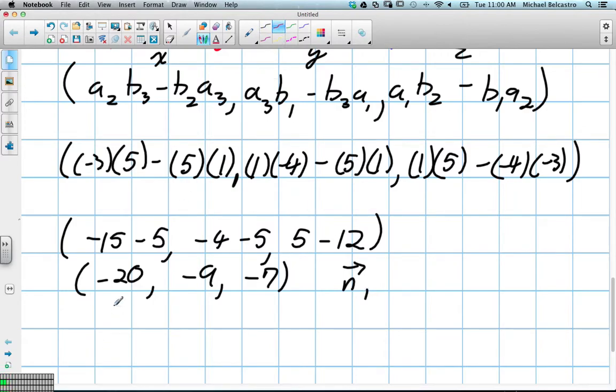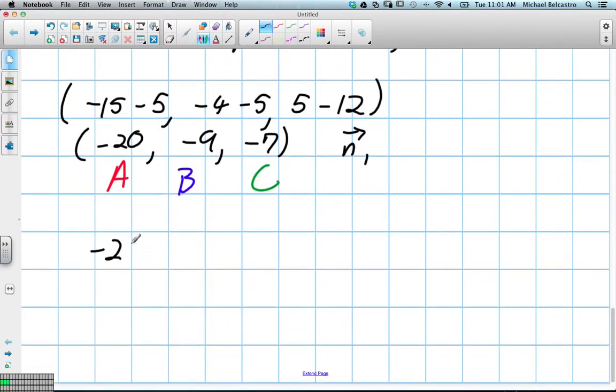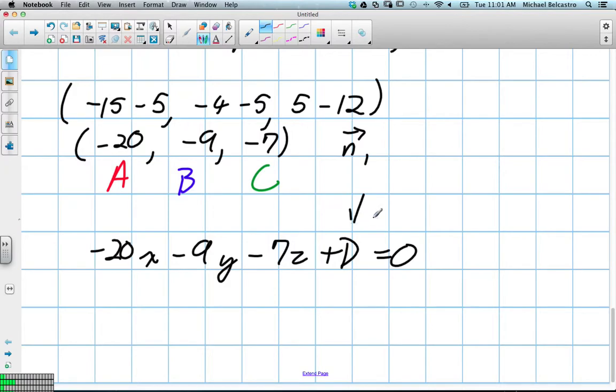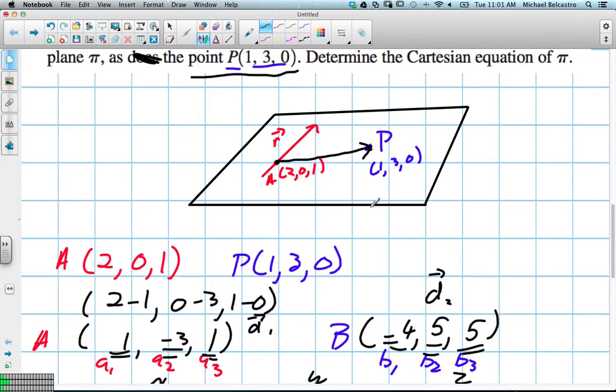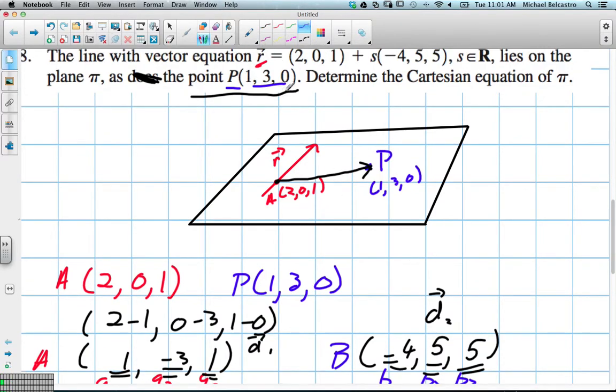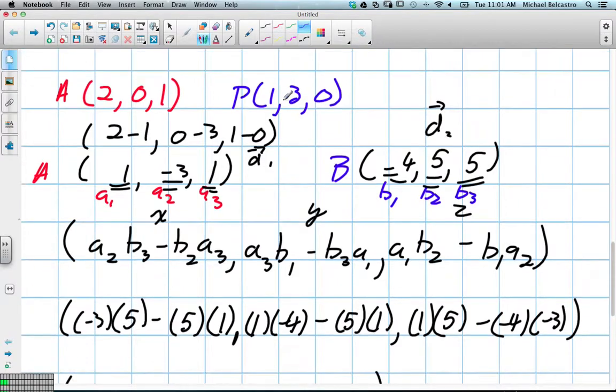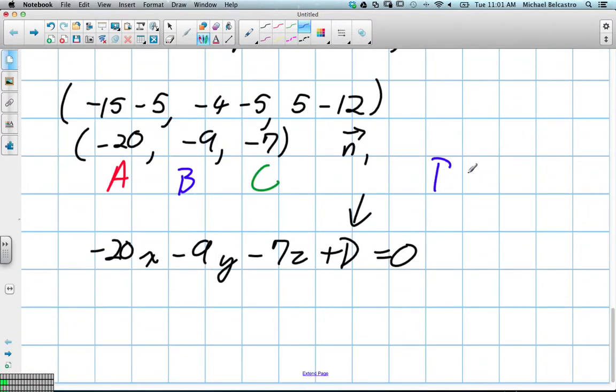Because of that normal, we know we can substitute that in for the Cartesian equation as A, B, and C. So what we'll do from there is we'll have negative 20x minus 9y minus 7z plus d is equal to the value of 0. We'll still have to find a value of d, in which case we need a point on this plane. We know that point P is on the plane, 1, 3, 0. So we'll use point P at 1, 3, and 0 and plug it in for the x, y, and z values, then isolate for d.